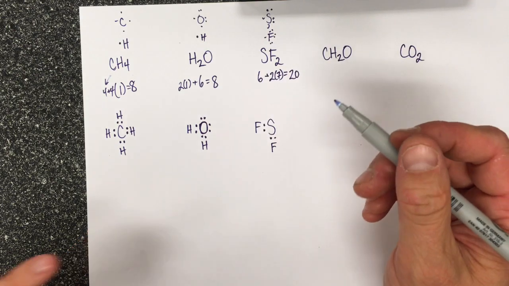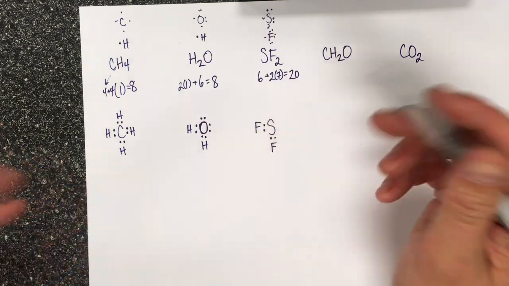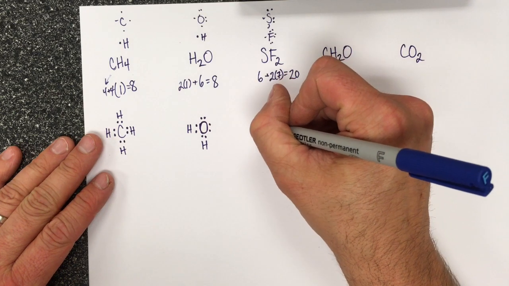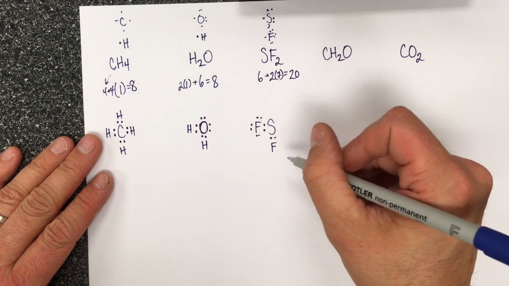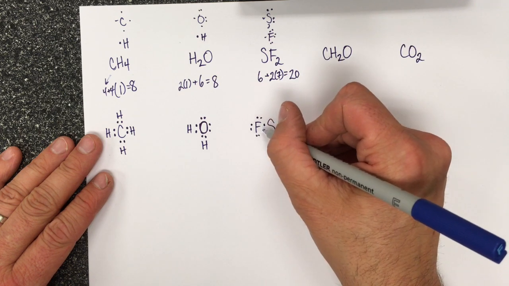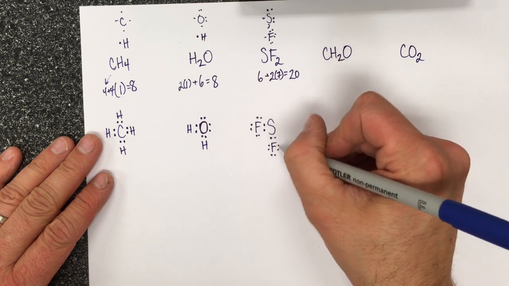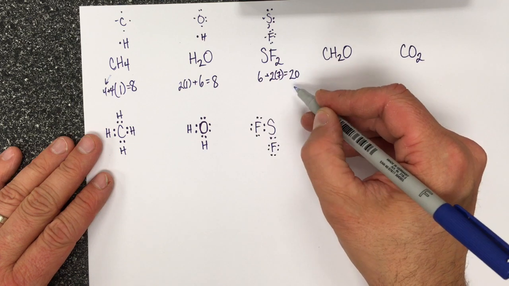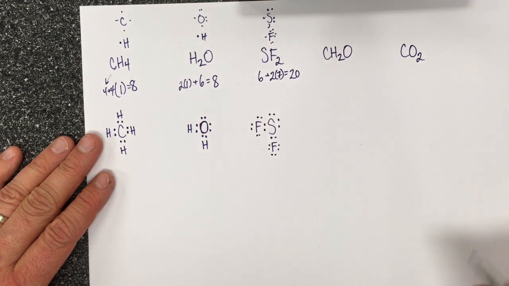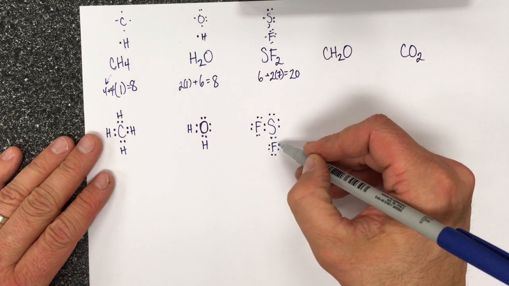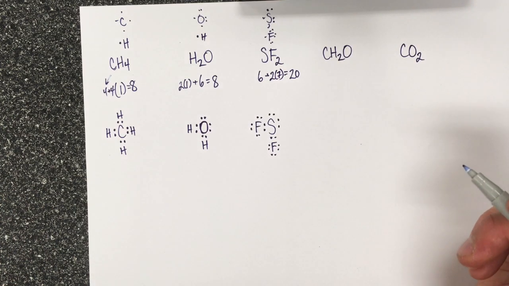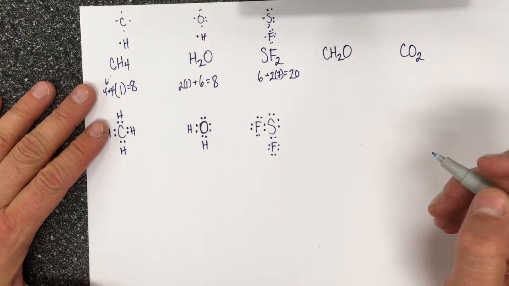And then the instructions say that I should fill up the octet for the attached atoms. So I'm going to fill up fluorine's octet, and this fluorine's octet, and this is 2, 4, 6, 8, and another 8, so I've used 16. That gives me 4 more. So if I fill up sulfur, it's now 4 plus 8 plus 8 is 20. This is a complete Lewis diagram for sulfur difluoride.